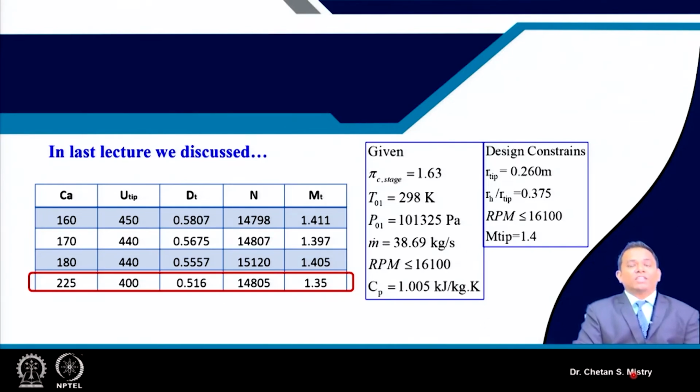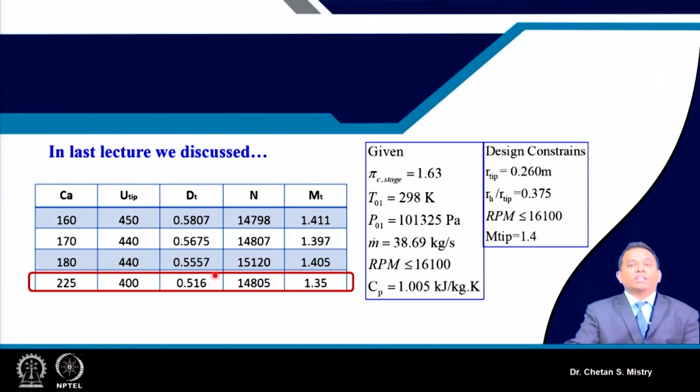In the last lecture we were discussing different approaches to address the design. One approach we decided on was assuming the axial velocity and assuming the peripheral speed, and with different combinations we came up with the solution. For the current design we will take our axial velocity to be 225 meter per second and peripheral speed to be 400 meter per second.